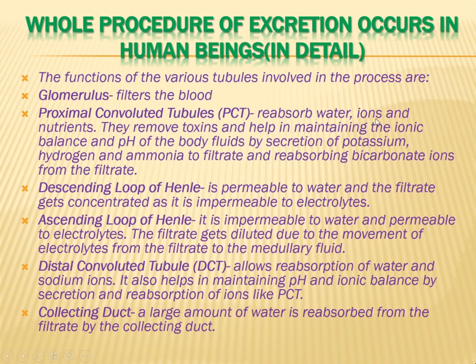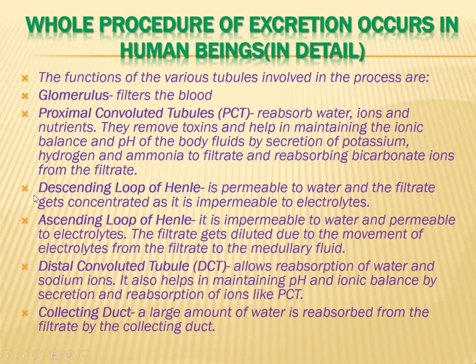The glomerulus filters the blood, and water, ions and nutrients are absorbed. The toxins are removed, and the ionic balance and pH of the body fluids are maintained by secretion of potassium, hydrogen and ammonia, and by reabsorption of bicarbonate ions from the filtrate itself.